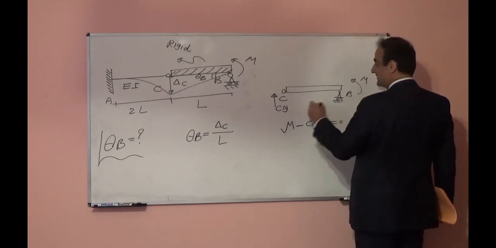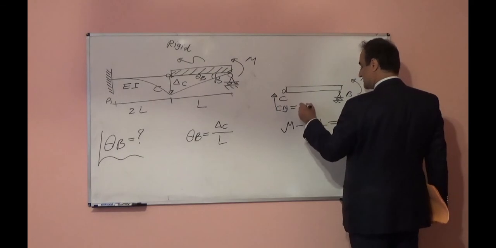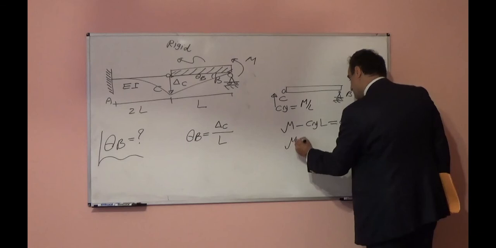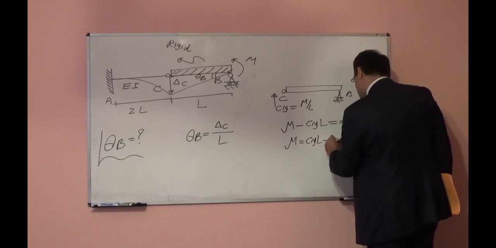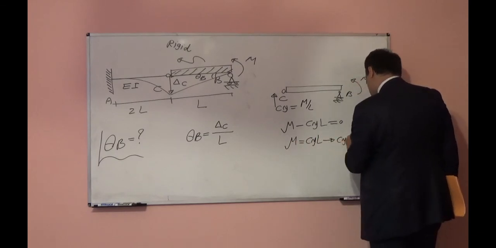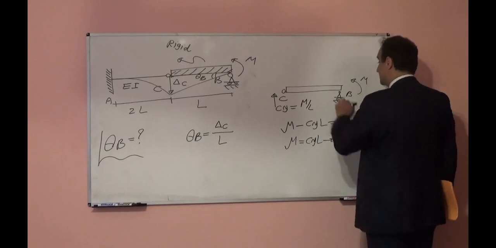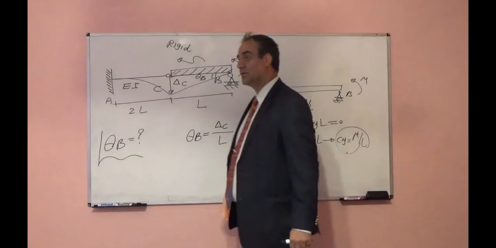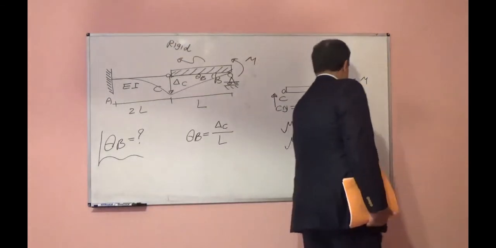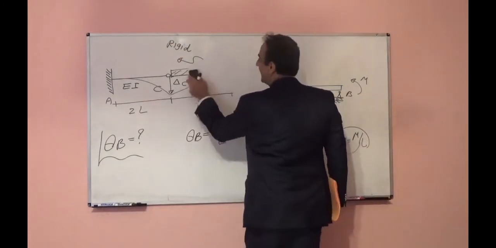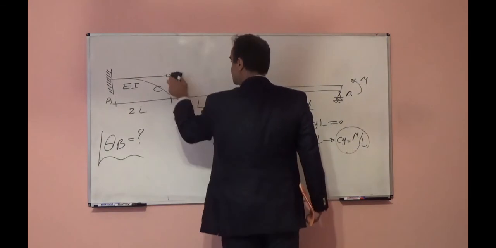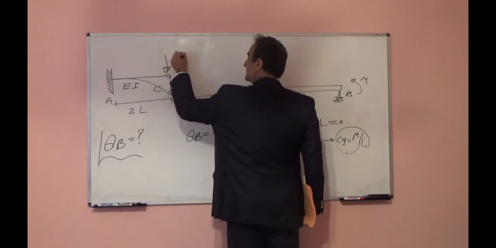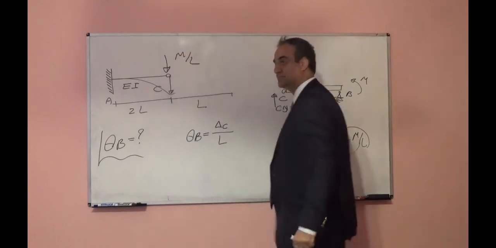So this M will create a reaction of M over L. If I take the other side, M will be equal to Cy L. From here, Cy will be equal to M over L. This M creates a reaction at point C, M over L. Or in other words, this M will create an action force here equal to M over L.